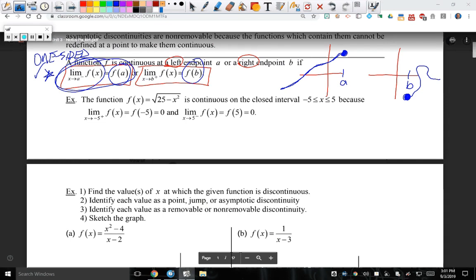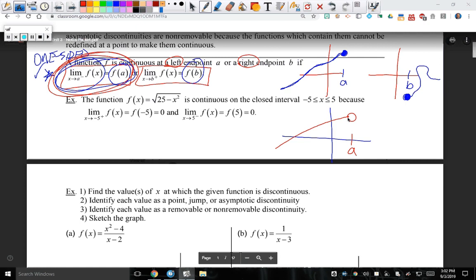My question is this. Let's say this is A, and I'm doing this right here. I'm approaching A from the left. Is that continuous? So I have both answers.